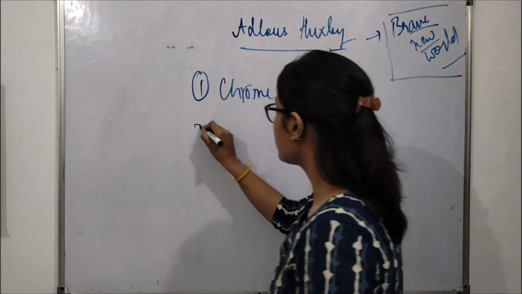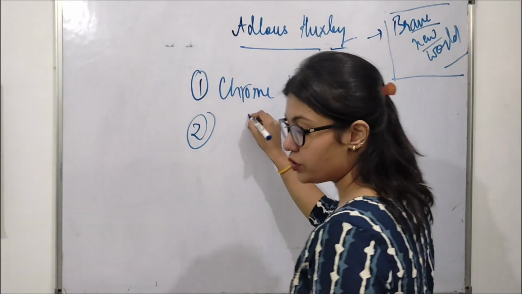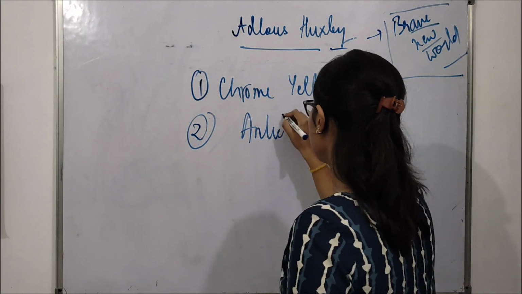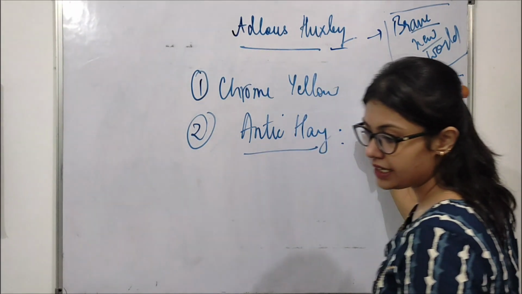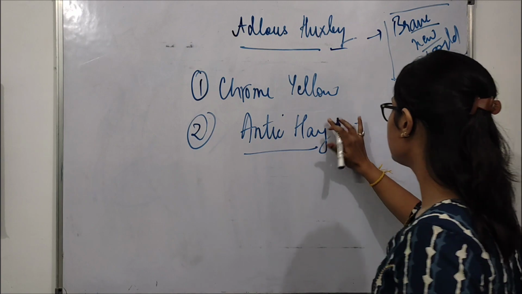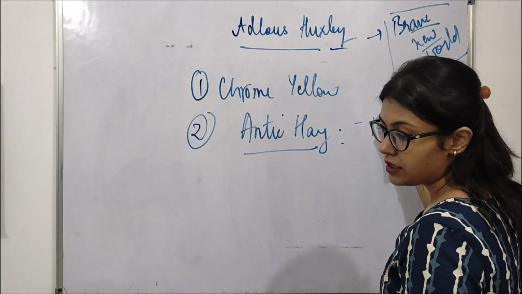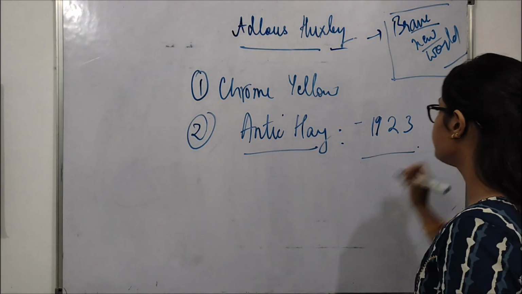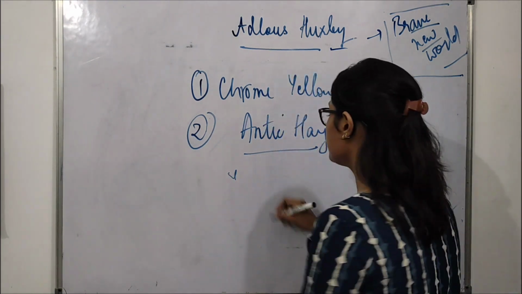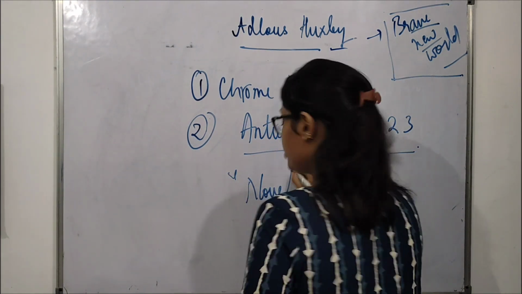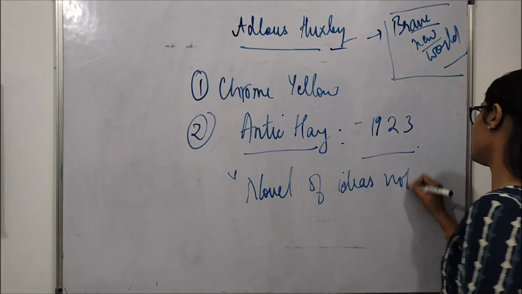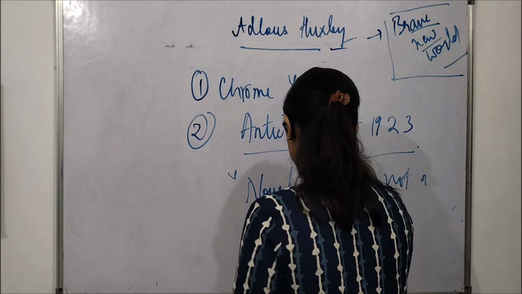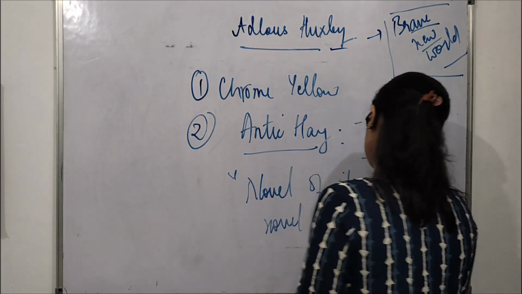The second book is called Antic Hay, which came out in 1923. It's said about this book that it is a novel of ideas, not a novel of people.